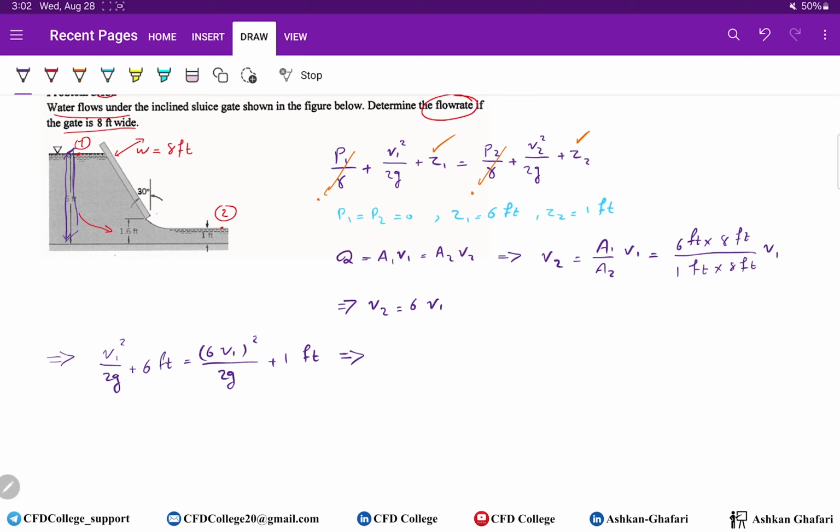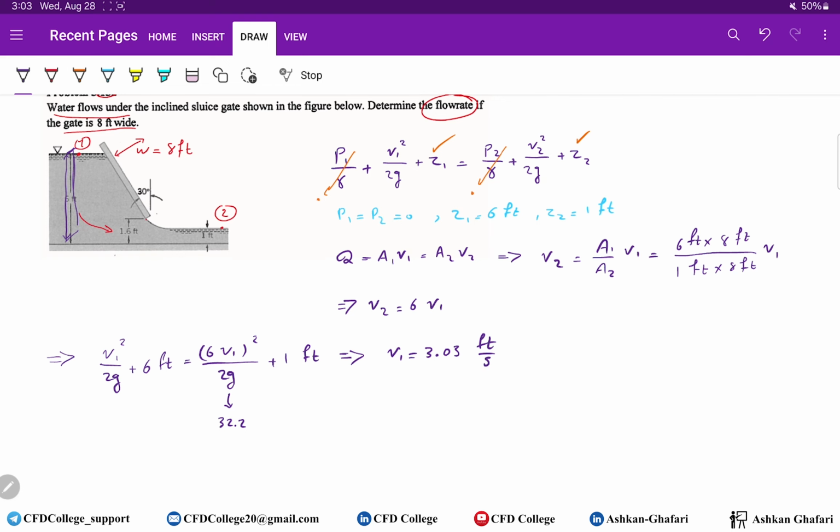So you can solve this equation. g is 32.2, and by solving this you can find V1, 3.03 feet per second.